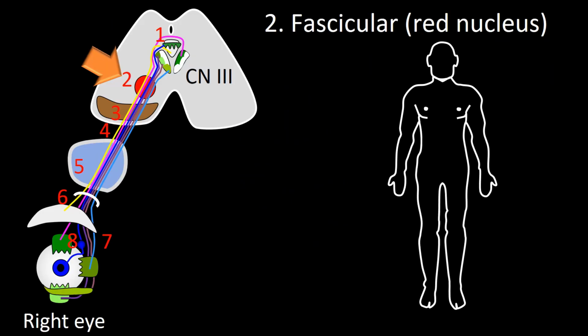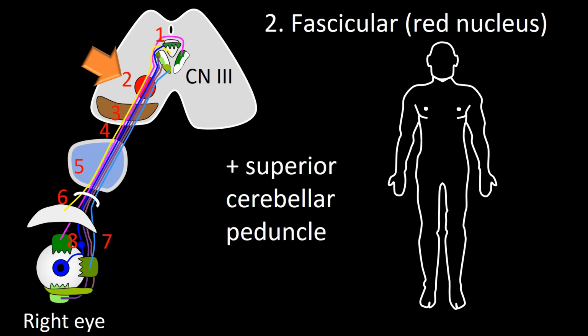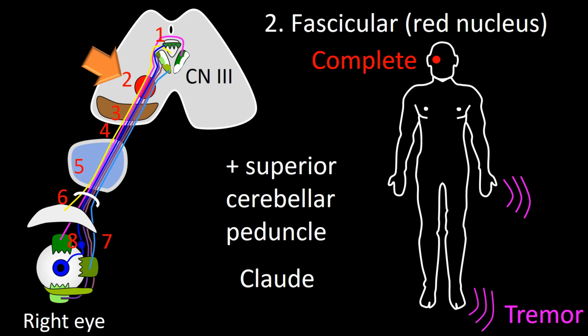Number 2, fascicular cranial nerve 3 lesion at the red nucleus and superior cerebellar peduncle. This lesion is called Claude syndrome. This syndrome occurs with ipsilateral complete cranial nerve palsy, contralateral tremor, and ataxia.